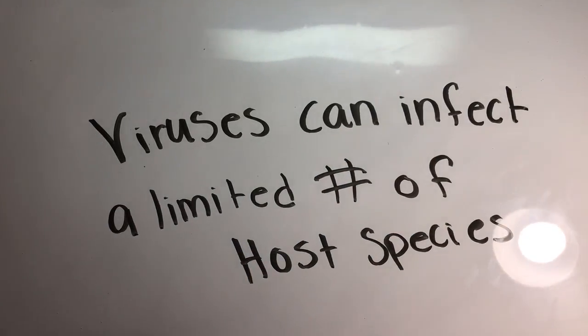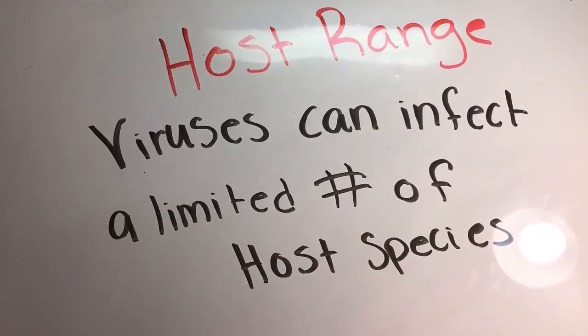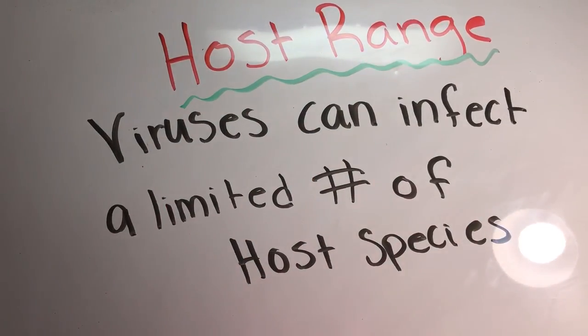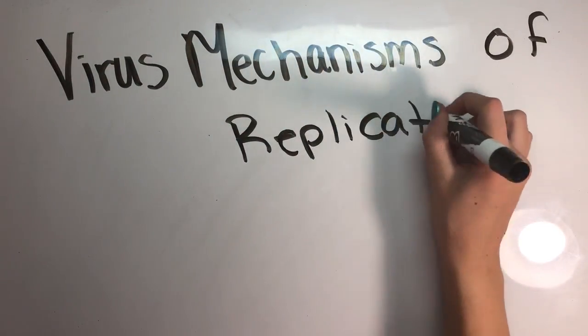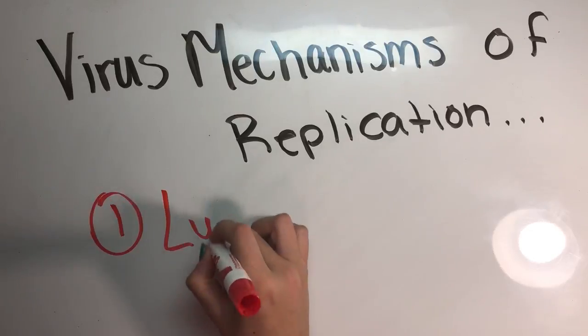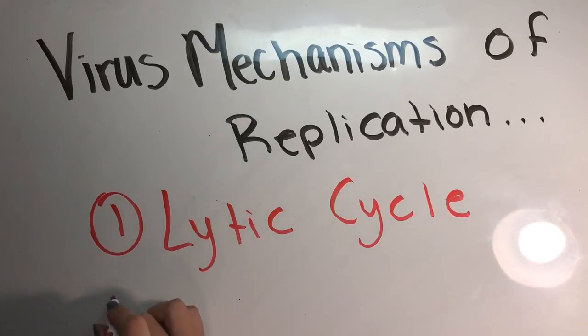This is called a virus's host range. Viruses can replicate by two alternative mechanisms, which are the lytic cycle and the lysogenic cycle.